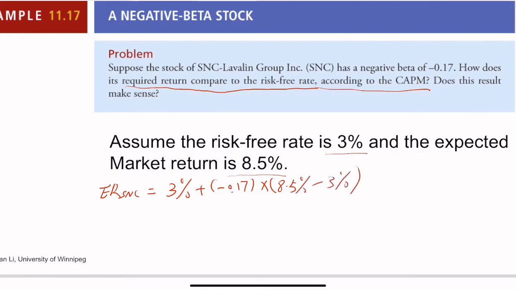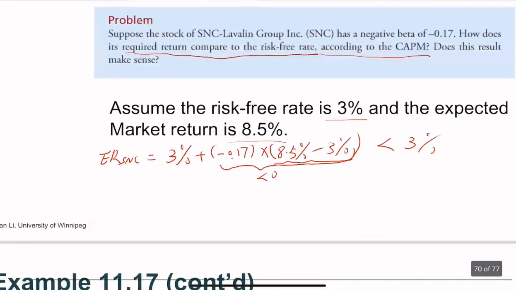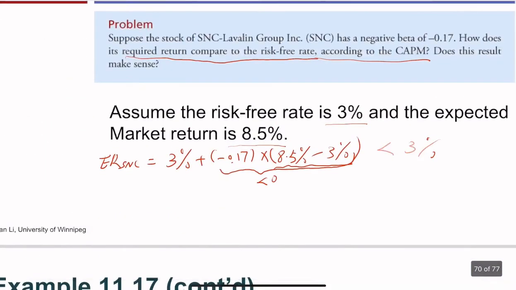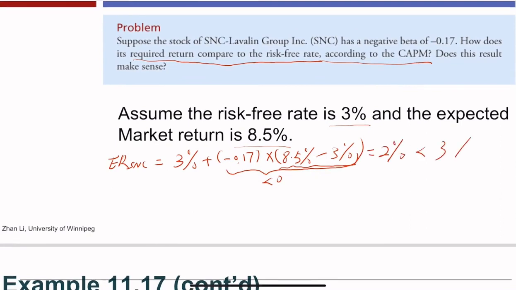I will skip the exact calculation, but you can see that this is a positive number and this is a negative number. So what you can see here is it's smaller than 3%. It's 2.065%, about 2%, which is smaller than 3%.